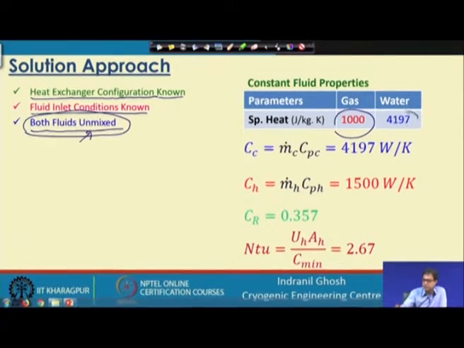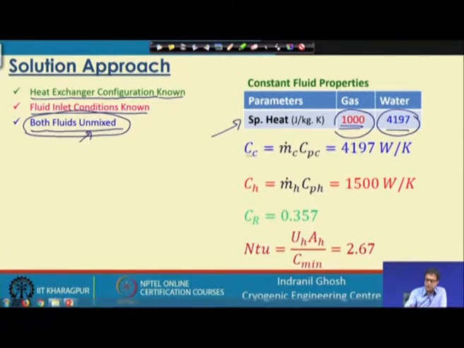fluid properties, because this will also be necessary to calculate the heat transfer, and we assume that the fluid properties are constant. So, the specific heat has been assumed to be 1000 joule per kg Kelvin for the gas, and for water it is 4197.